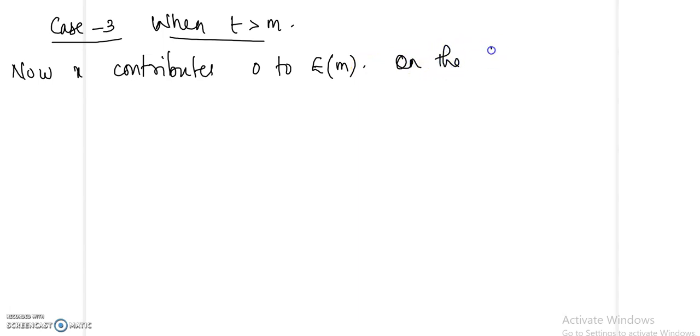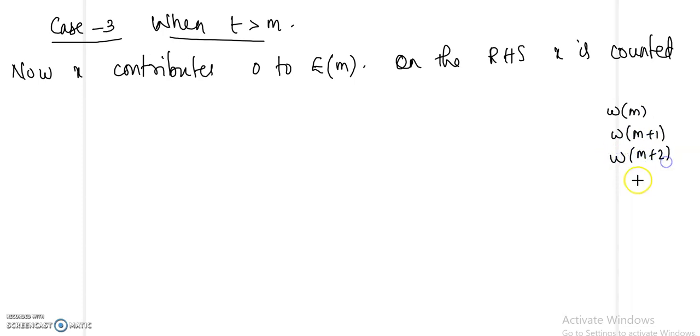So on the RHS, x is counted. On the RHS we are starting with omega of m, omega of m plus 1, omega of m plus 2, then we will get omega of t, then omega of t plus 1, and so on, up to omega of q.